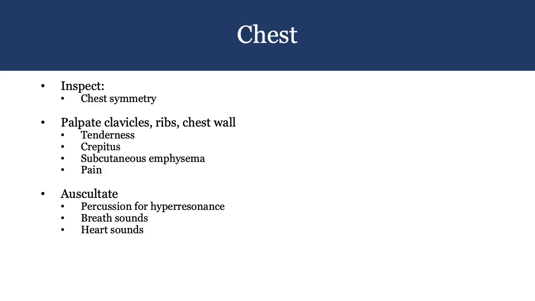Percuss for dullness that could point to hemothorax. Auscultate for breath sounds, for absence or presence of breath sounds, and then heart sounds. Sometimes you have muffled heart sounds when you have pericardial tamponade. A chest X-ray is an adjunct to both primary and secondary survey in assessment of the chest in trauma.